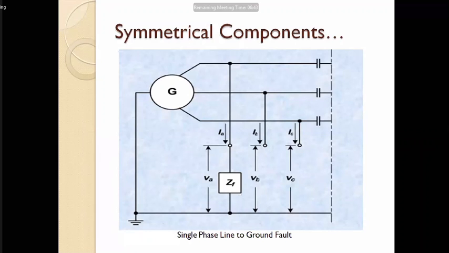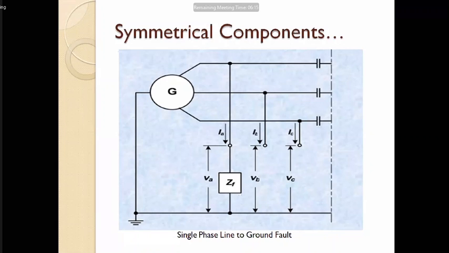In the sequence domain, our voltage must incorporate the positive sequence, negative sequence, and zero sequence.